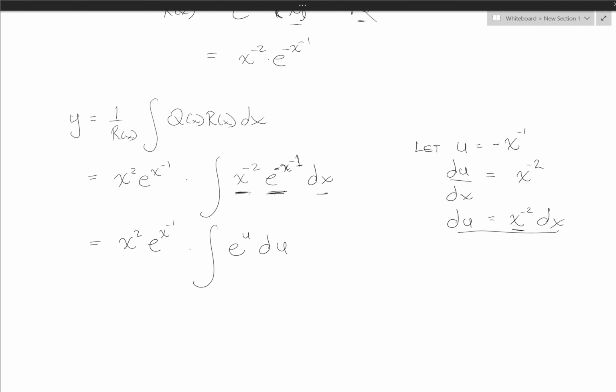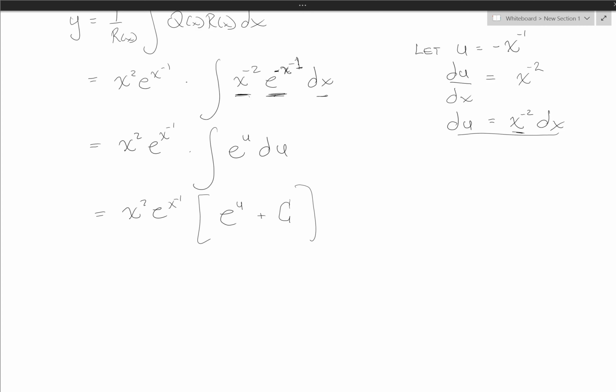And so the integral of e to the u du is just e to the u plus c. So let's get the x squared e to the x to the negative 1, and then this becomes e to the u plus some constant. And we'll sub the u back in. u is negative x to the negative 1. So this becomes x squared e to the x to the negative 1 times e to the negative x to the negative 1, plus c.